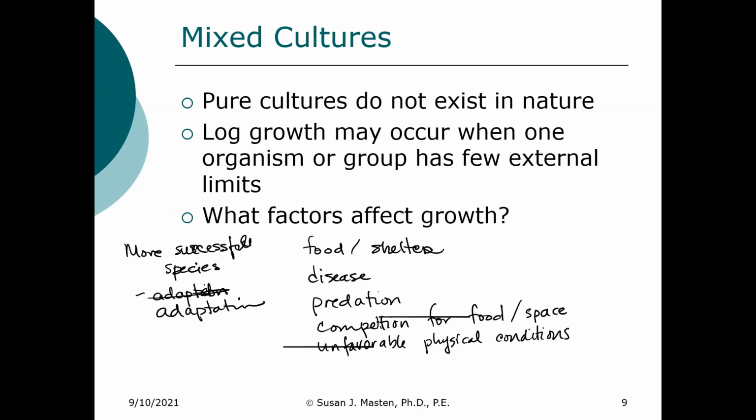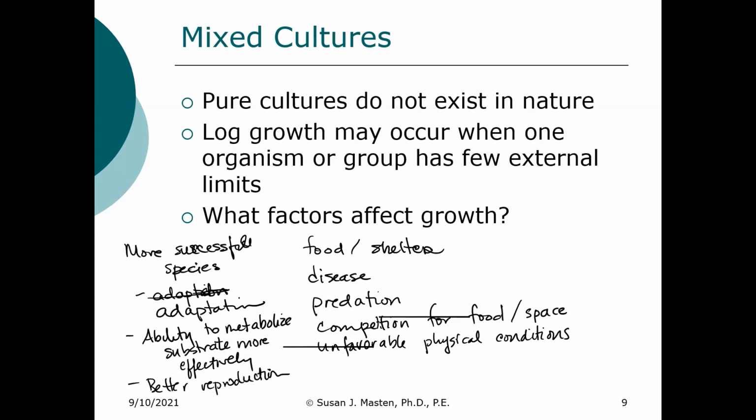Two organisms present, starting at the same concentration or the same number. Which one is going to proliferate faster? The one that has a shorter reproduction period, that can metabolize the substrate more effectively, and has better reproduction. So that's the more successful organism.